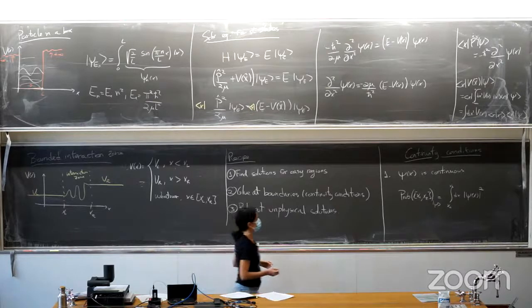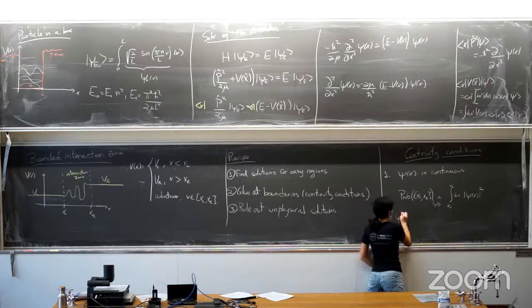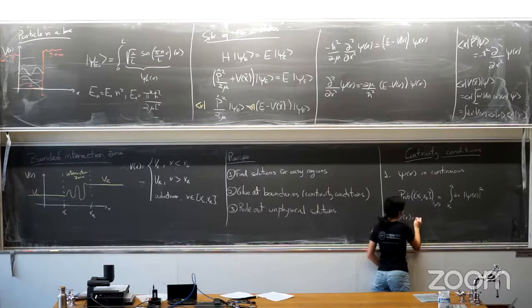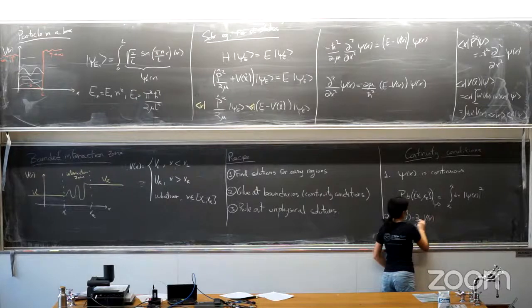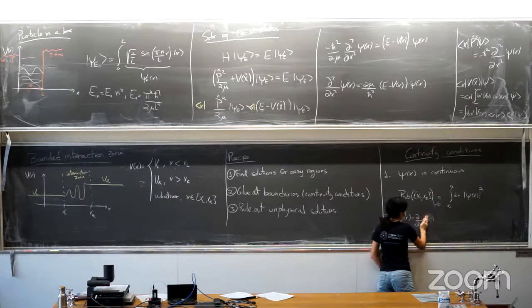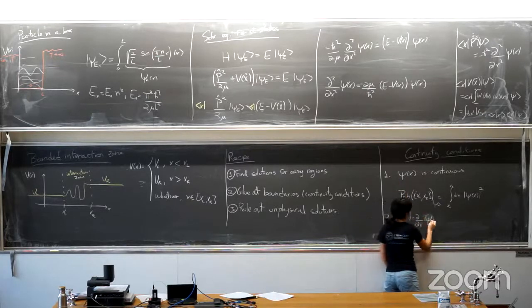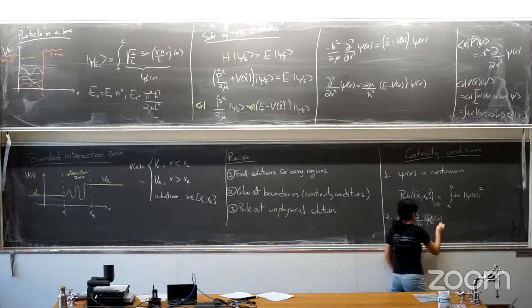That's number 1. Number 2 is that the first derivative with respect to x is continuous if V of x is finite. So this was general for any wave function, and now it's just for the eigenstates, for the stationary states.